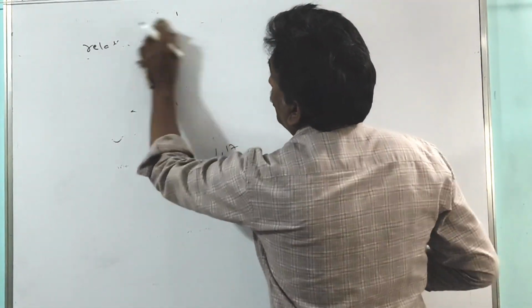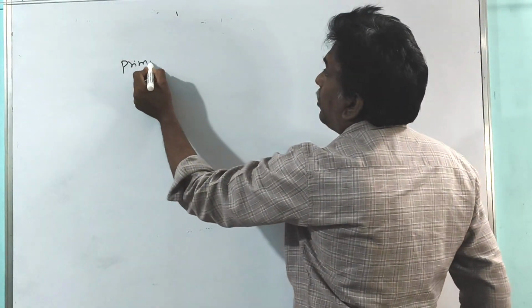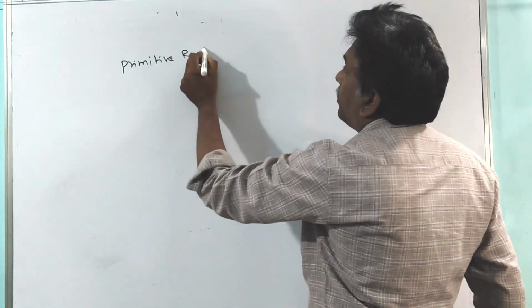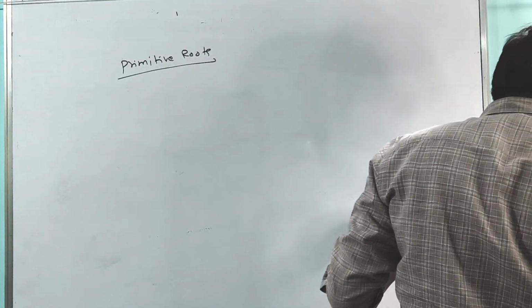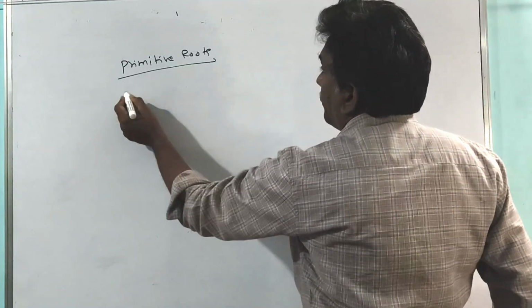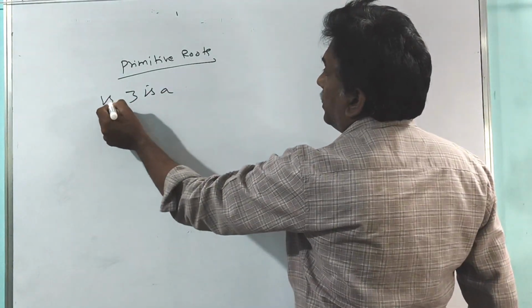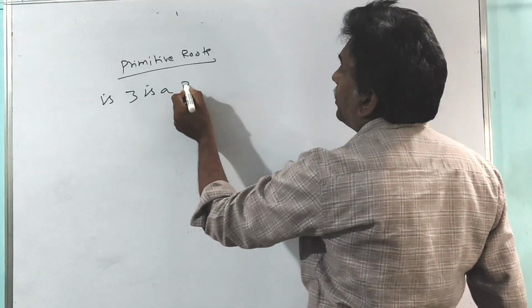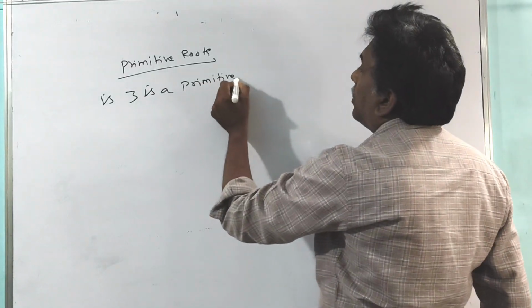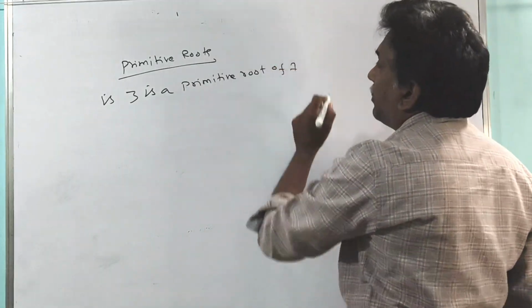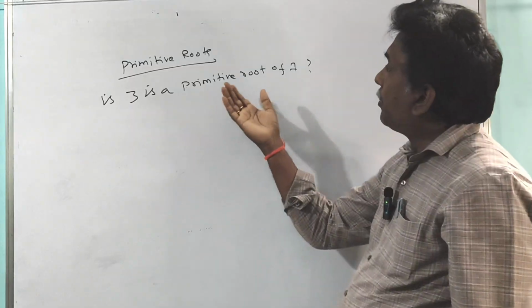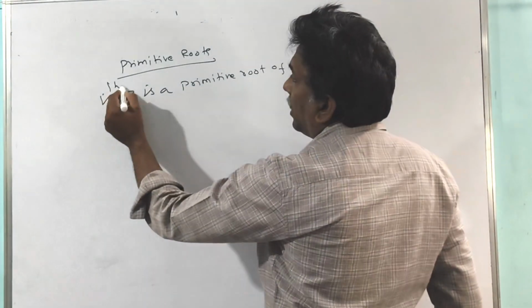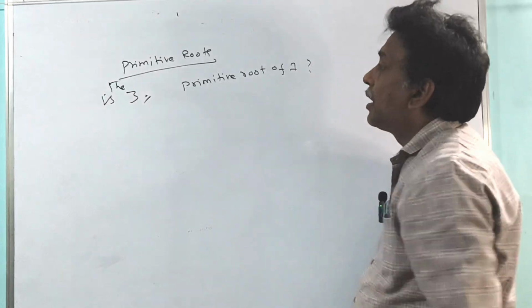Next one is primitive roots. What is a primitive root? Primitive root is also very important. Suppose the question asks: is 3 a primitive root of 7?